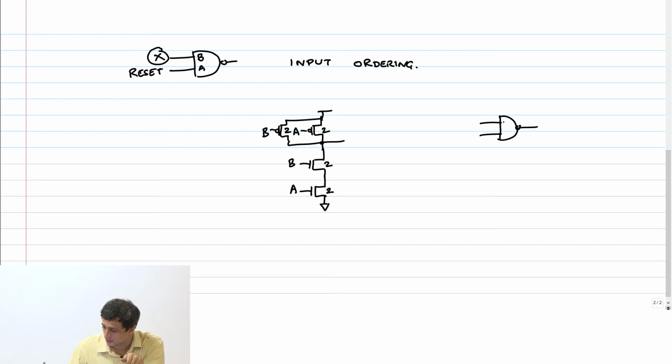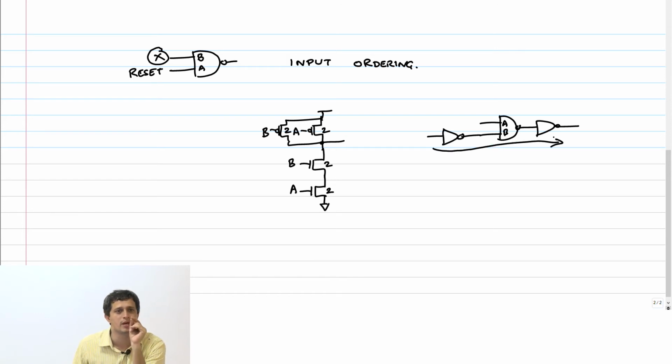I have this A and B signal here driving something else. I have another inverter here, let's say. Now, if I want the path delay on this path to be minimum, what should I do to the logical effort on this input B? Should it reduce or should it increase?